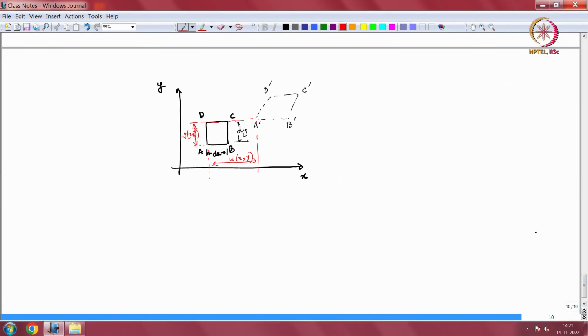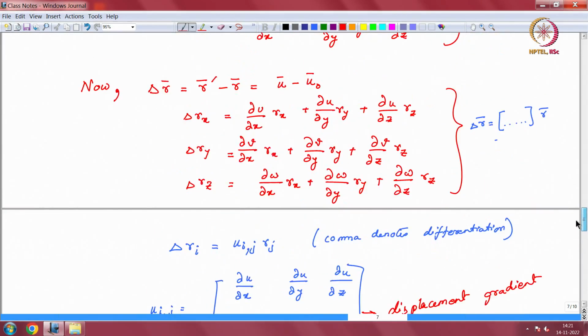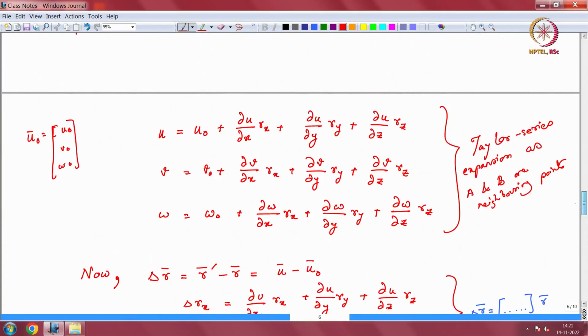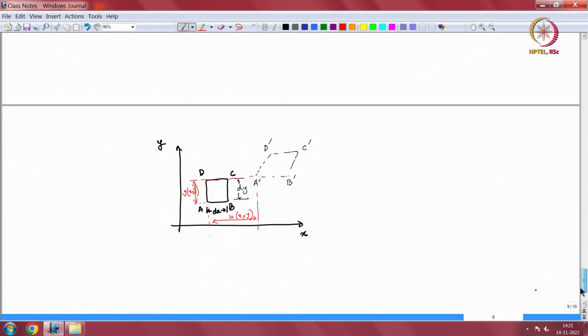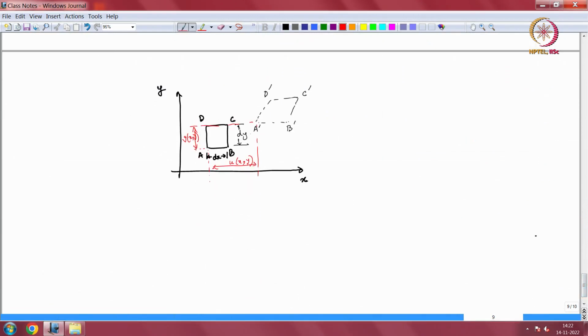If I go back to this example, we had talked about the displacement of one point which is neighboring another point, and the other point is undergoing a displacement of u naught. So in that case my displacement of B dash is related to the displacement of A simply through a Taylor series expansion.